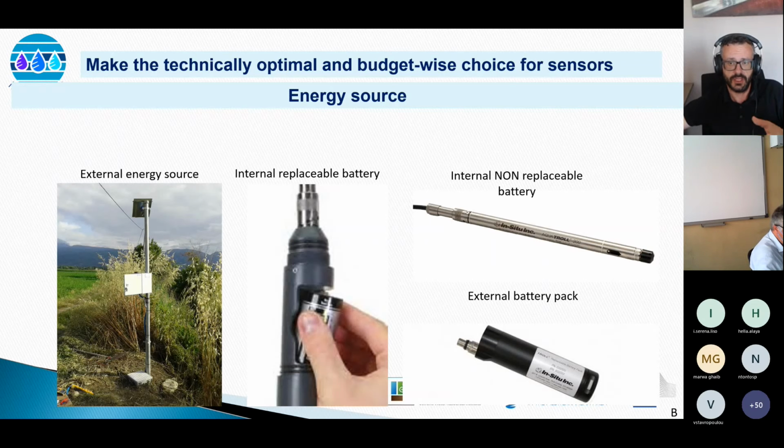The second option is the internal battery that can be replaced. The third option is the internal battery that cannot be replaced, and this is a very common trend in modern sensors. And finally, we have the external battery packs that can be used in the case that the battery of the sensor is drained, but it cannot be replaced.